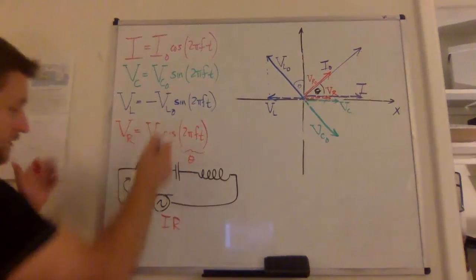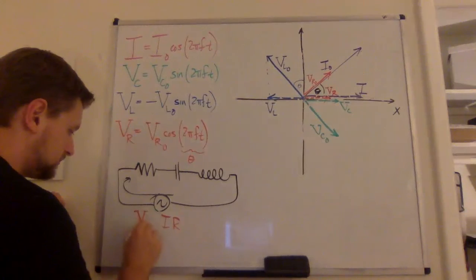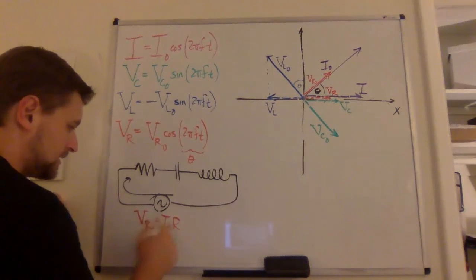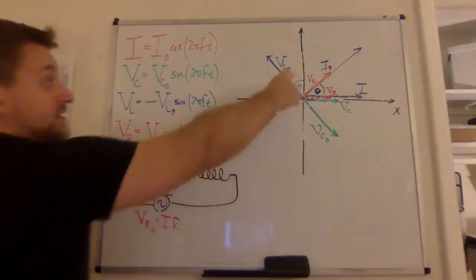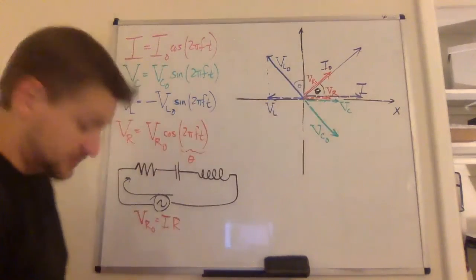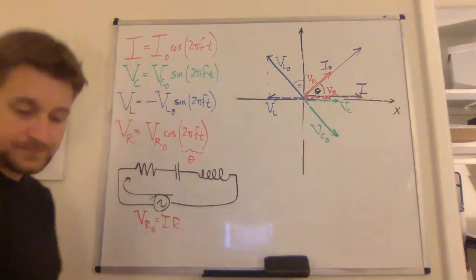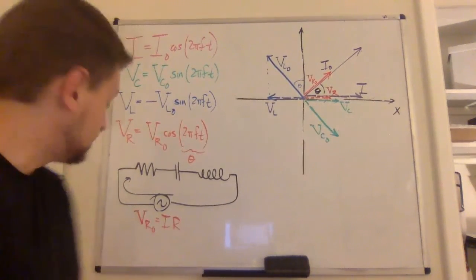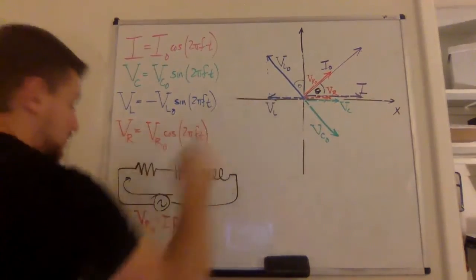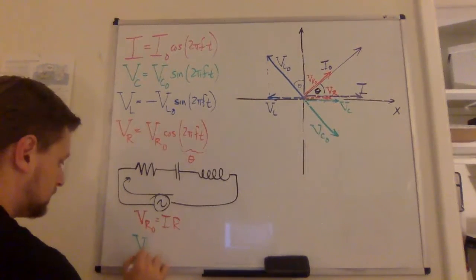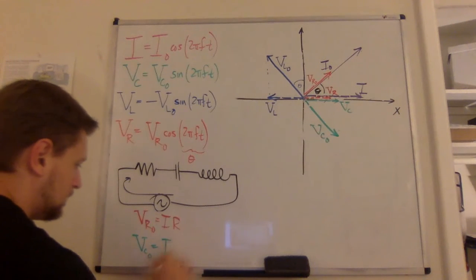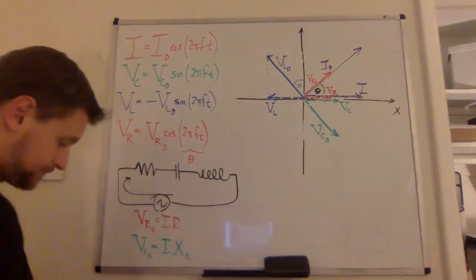Well, what do we know? We know that VR0 is equal to that. That the length of the resistor phasor is that. We know that the length of the capacitor phasor is that.